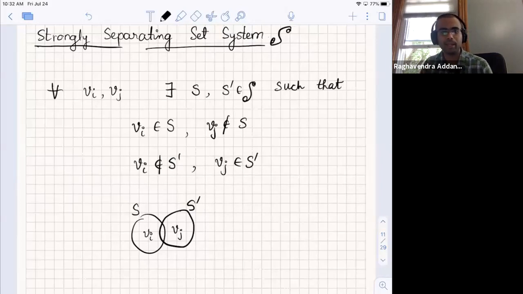For every pair Vi and Vj, there are n choose two of them, there exist two sets, S and S prime, which belong to this set system, which is a collection of sets, such that Vi is in S and Vj is not in S, and Vi is not in S prime and Vj is in S prime. By this I mean Vi is cut once and Vj is cut once, using S and S prime respectively. If this is true for all the n choose two pairs, if there exist two such sets for every pair, then we call this set system strongly separating.